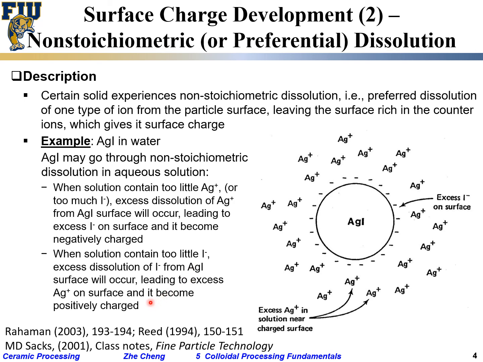The graph here is for the surface to be covered by excess iodine, negatively charged, and the dissolved silver goes into the solution to compensate for the deficiency of silver in the solution.